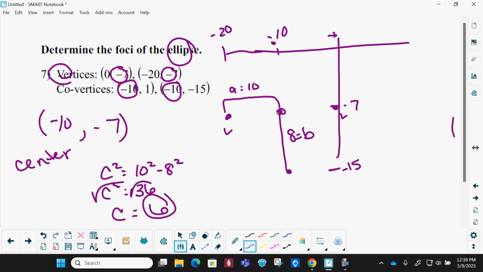So vertices, we're going to count 6 this way and 6 this way. Now, I know I'm not doing it exact. Feel free to do it exact. It'll make your life easier. So that should be -16, -7, and -4, -7. Okay.